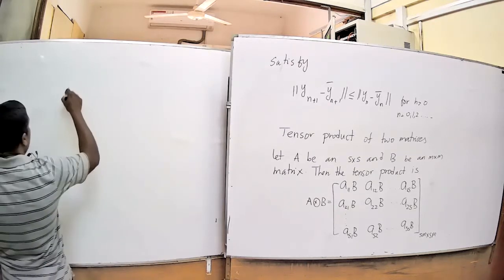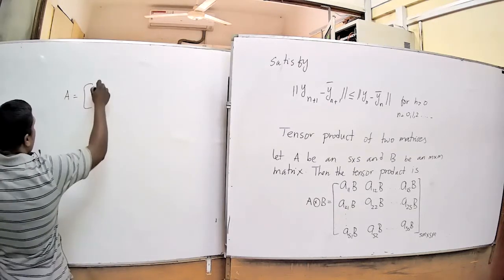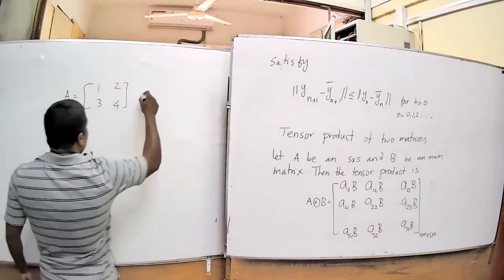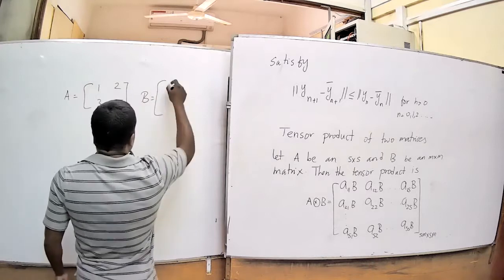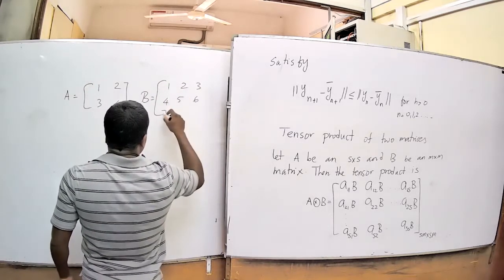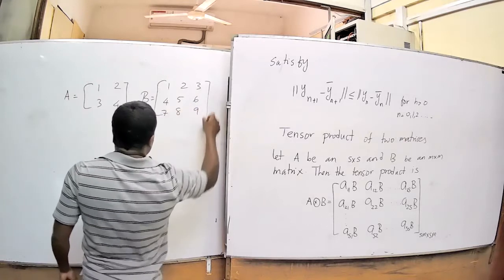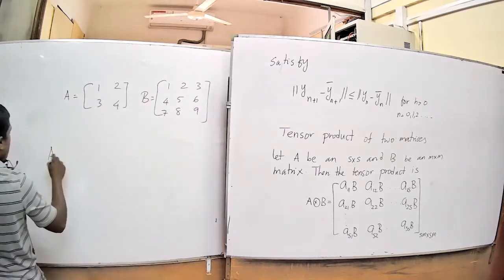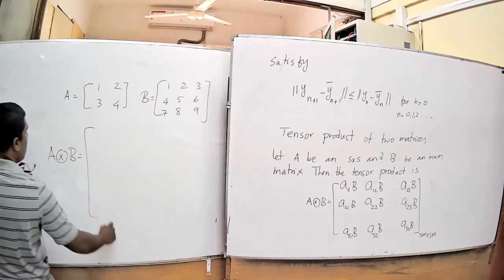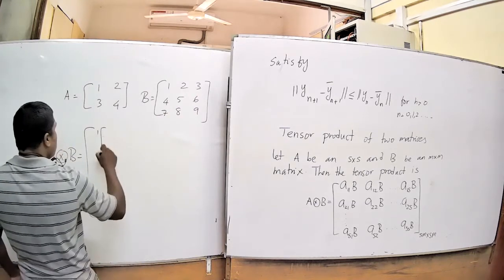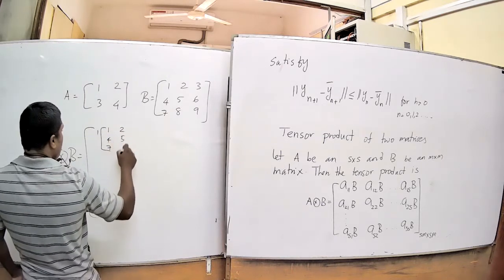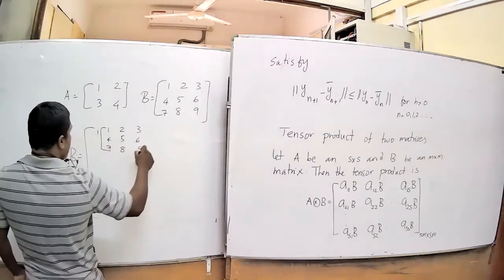Okay, so if you have A as 1 2 3 4 and B as 1 2 3, 4 5 6, and 7 8 9, then your A cross B is going to be like this. So 1 into this matrix 1 4 7, 2 5 8, 3 6 9.